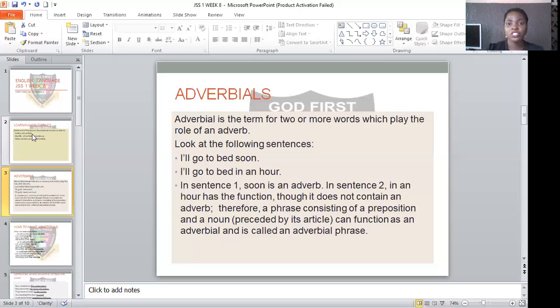It answers the question when. Therefore, a phrase consisting of a preposition and a noun preceded by an article can function as an adverbial, and it's called an adverbial phrase. So adverbials are also known as adverbial phrases.